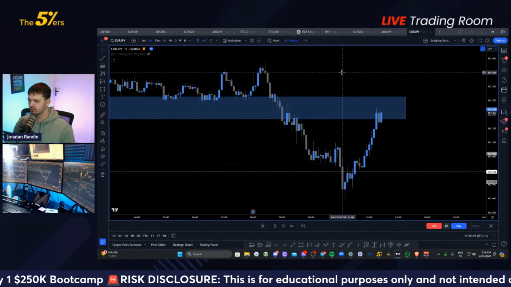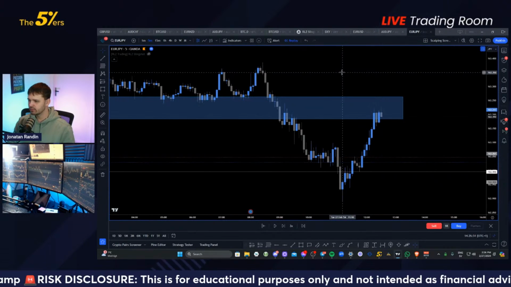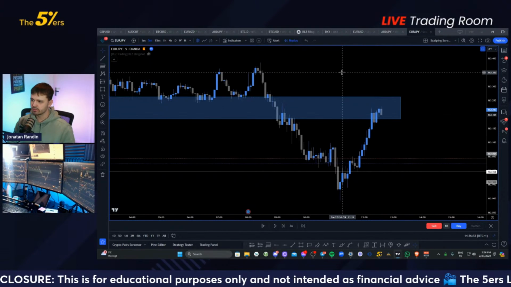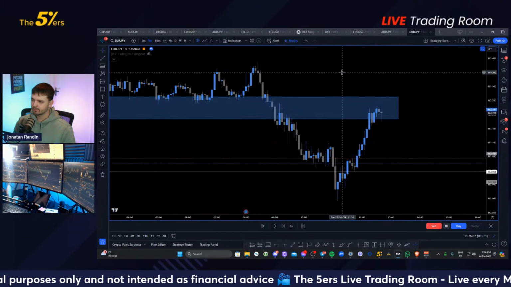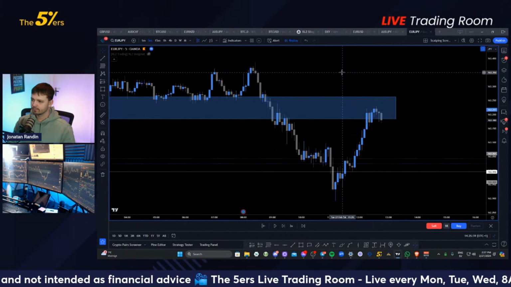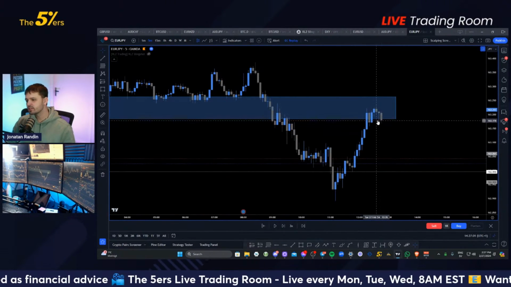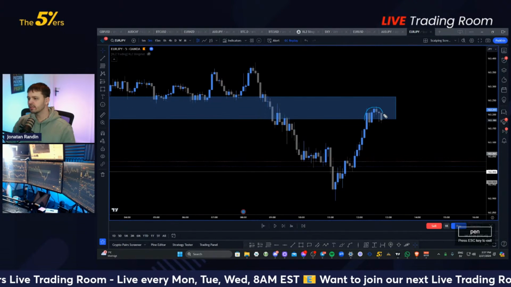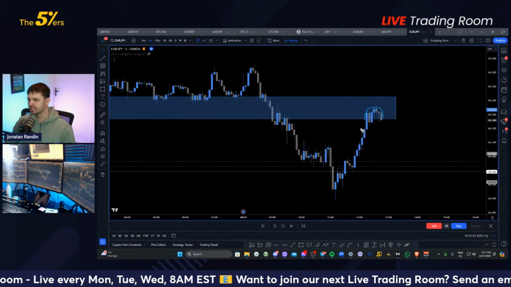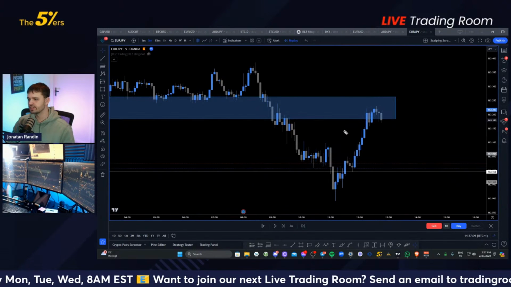That's not a bearish engulfing. Let's wait till we get the first bearish engulfing candle. I would say that that's a pretty solid rejection. It clearly shows that price is using this area as resistance.